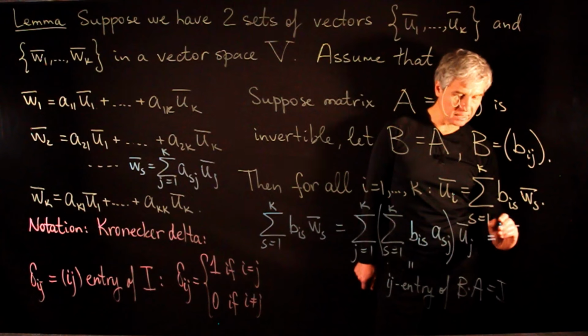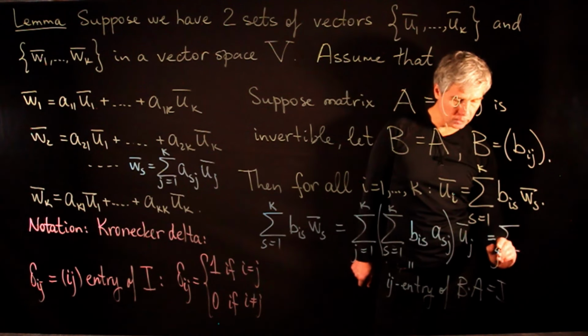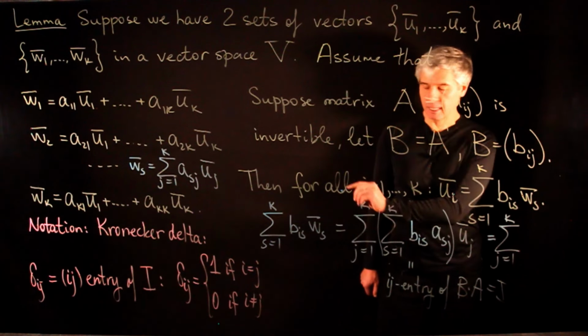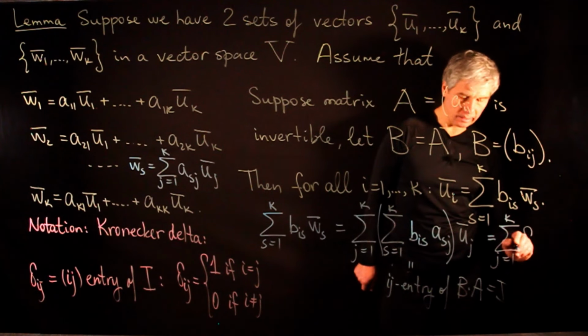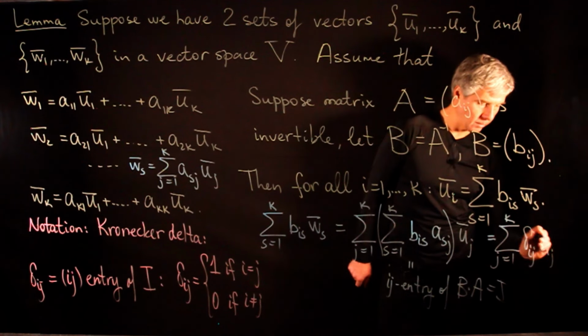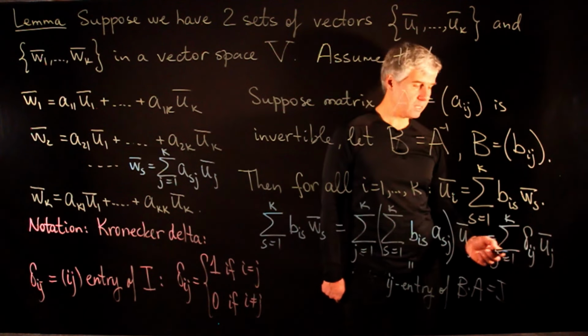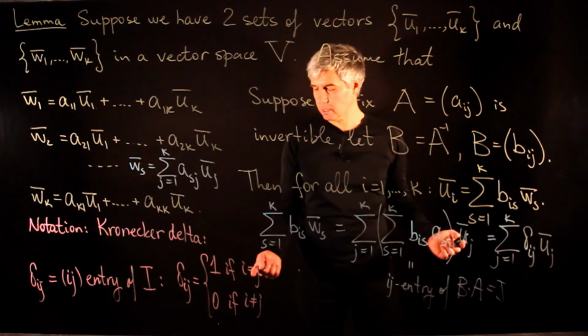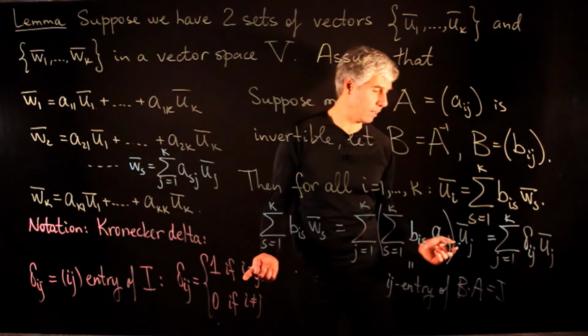And then we get the sum, j goes from 1 to k. Now the ij entry of the identity matrix is the Kronecker delta, delta ij, times uj. But in the sum, the only non-zero coefficient is when j is equal to i.